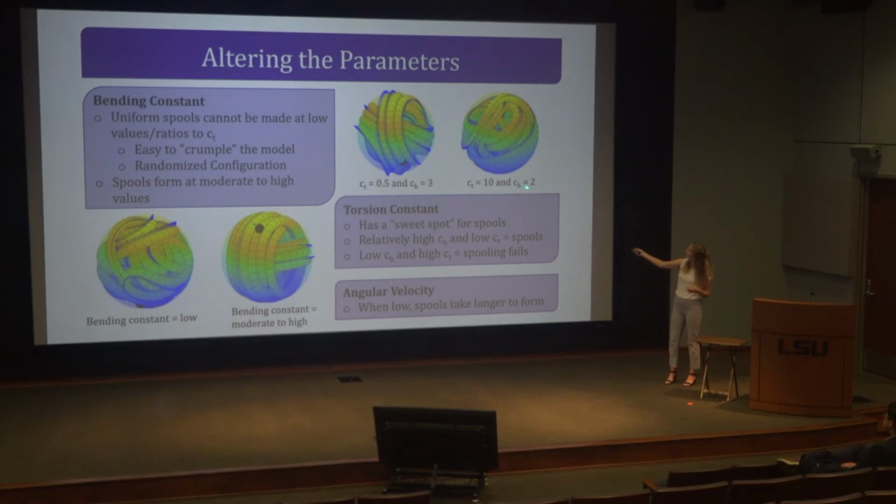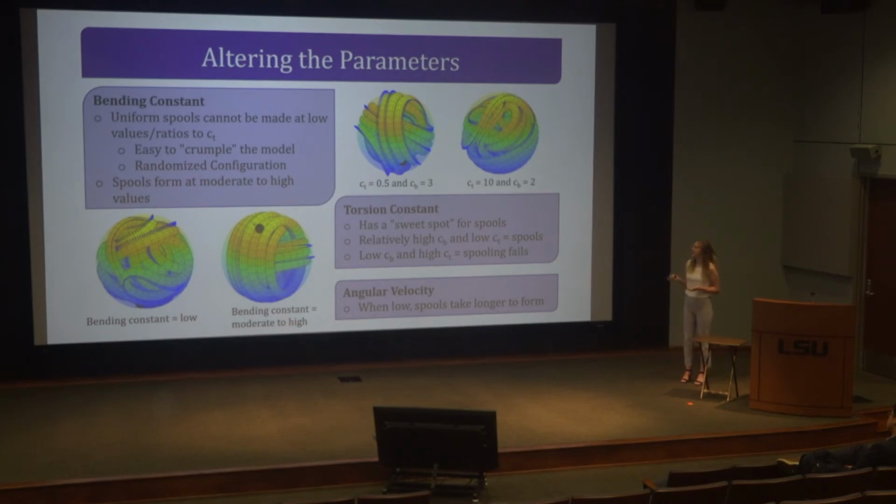When we have a low bending constant but a high torsion constant, the spools are created at first, but it doesn't have the parameters needed to keep that uniformity going, which causes this malformation right there. Another example of this is the randomized configuration, which can be seen over here, and that's just at an overall low bending constant. For moderate to high values, we have spools aplenty. They just keep happening.